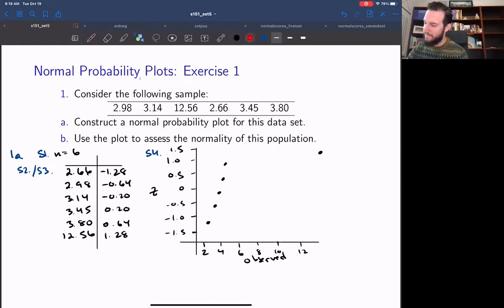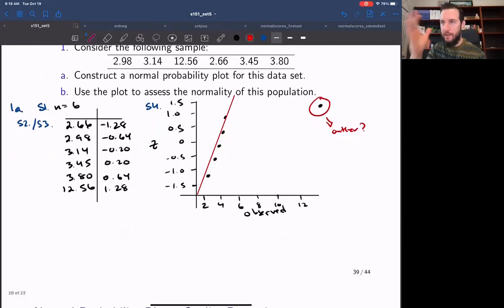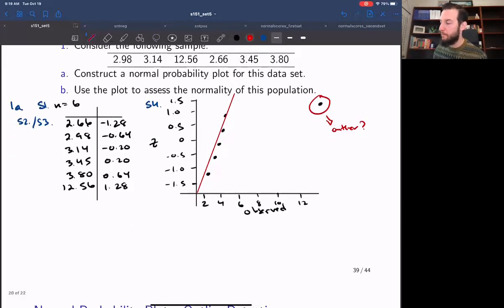So then what we can do is draw the straight line. All right, so we can see that those initial 5 points fall very closely to a straight line pattern.